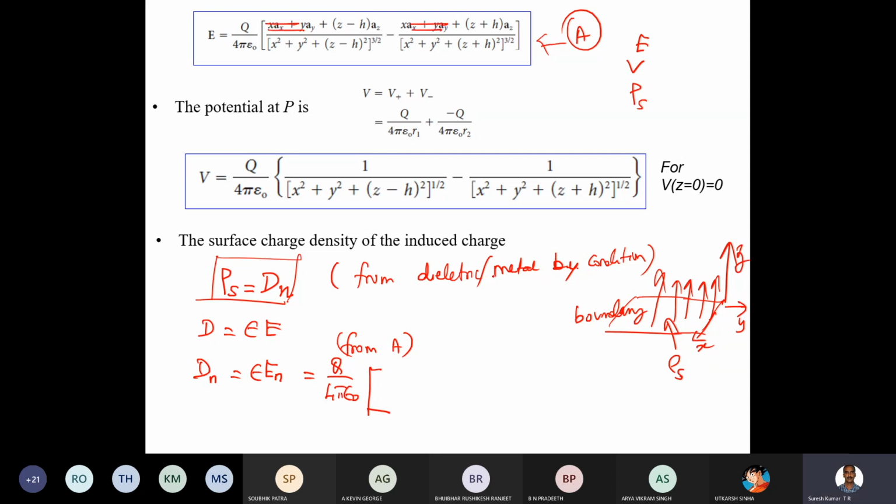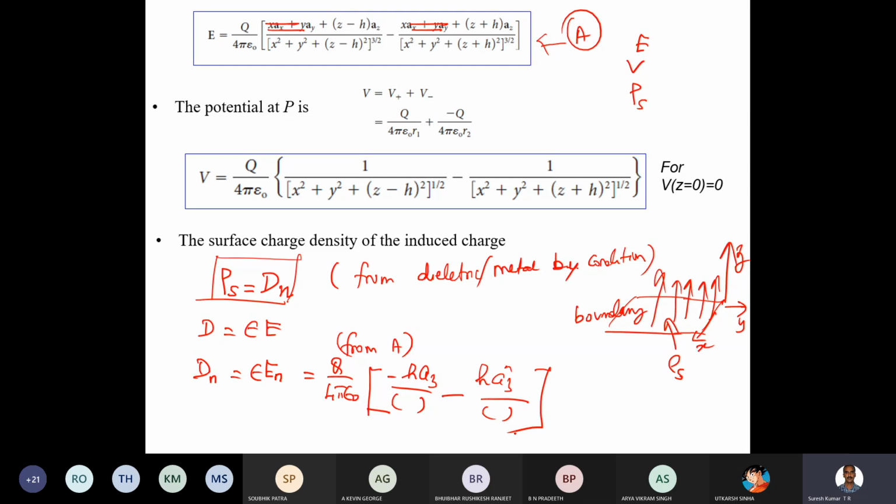To get this normal component alone, that's possible only if you put Z equal to 0. So if you put Z equal to 0, you would get minus h upon, as we discussed in the previous slide. So this will be the normal component.